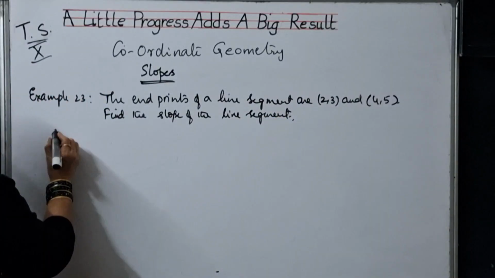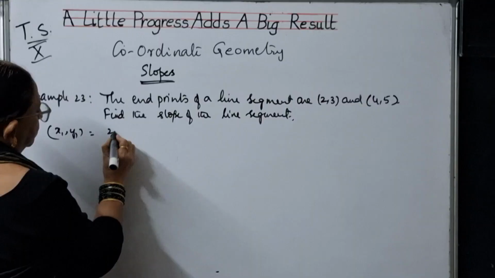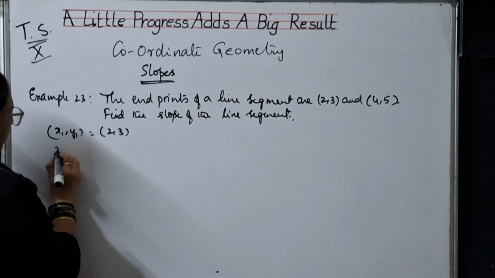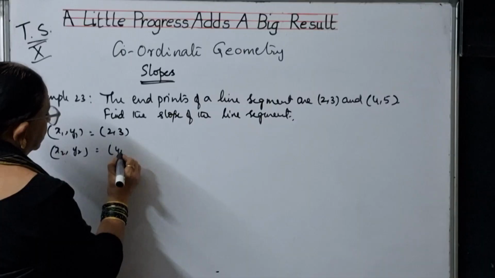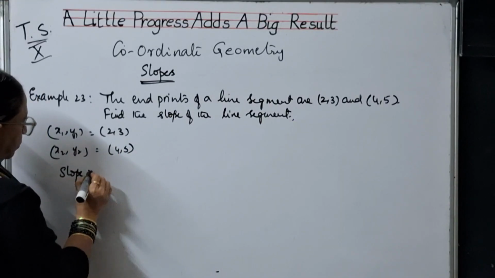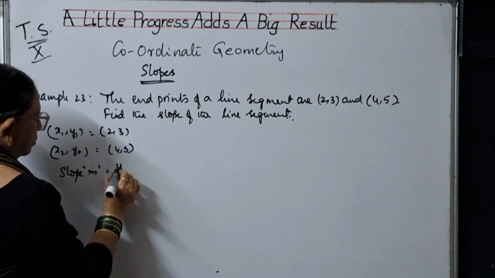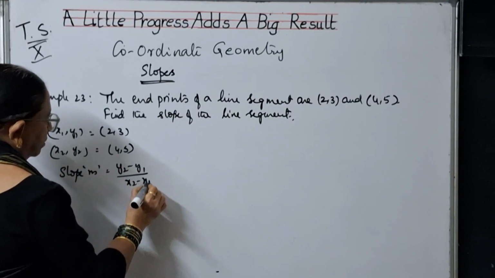So let us see what they have given. x1, y1 is given as 2, 3. x2, y2 is given as 4, 5. So what is the formula for slope? I told you, slope is equal to y2 minus y1 by x2 minus x1.